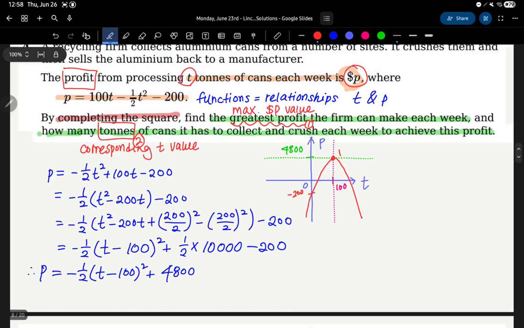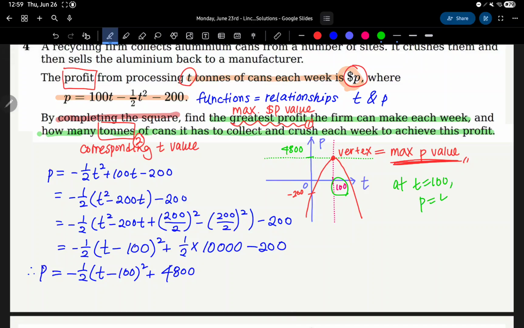Our vertex here is going to be the what? The maximum p-value. Exactly. Since we have the maximum p-value, we are also asked to find the corresponding t-value. What is the corresponding t-value? 100. Because at t equal to 100, the p-value is 4,800.